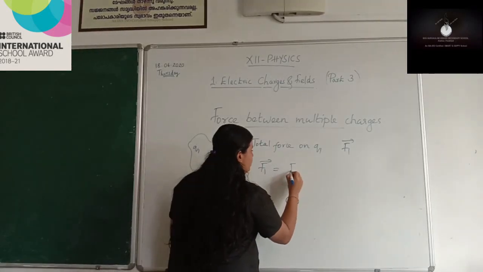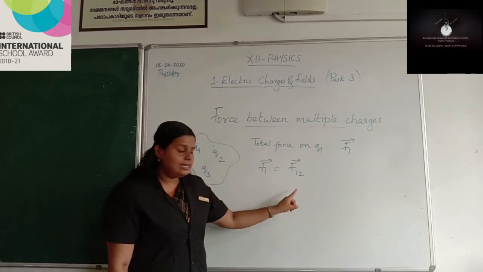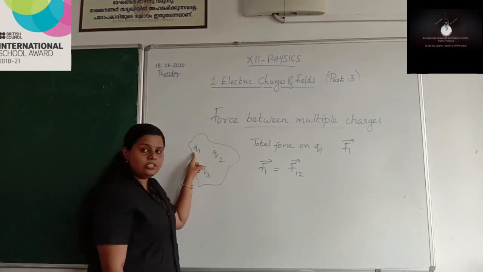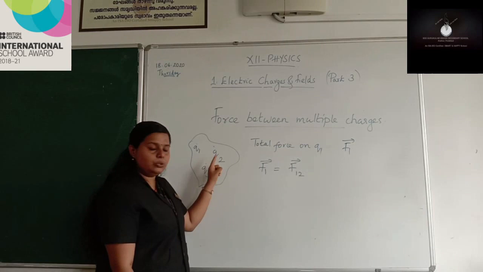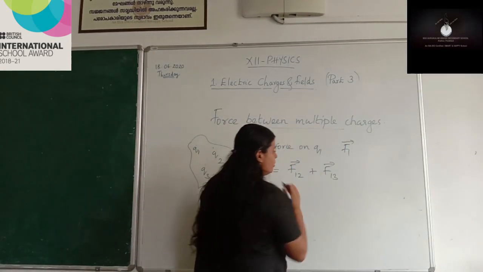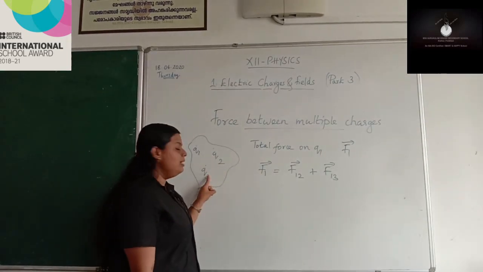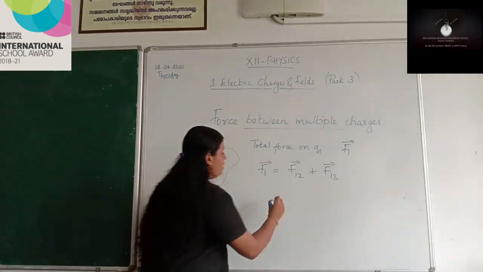Here the individual forces are vector F12, that is the force on point charge Q1 due to Q2, plus F13, where F13 is the force on the first point charge due to the third point charge.